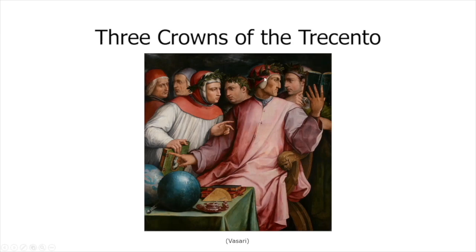So these 3 poets, Petrarch, Boccaccio, and Dante, are what are called in Italian the 3 corone, or the 3 crowns of Italian literature, or of the Trecento, and they all had tremendous influence on late medieval and Renaissance English poets, and then many people after the English Renaissance as well.